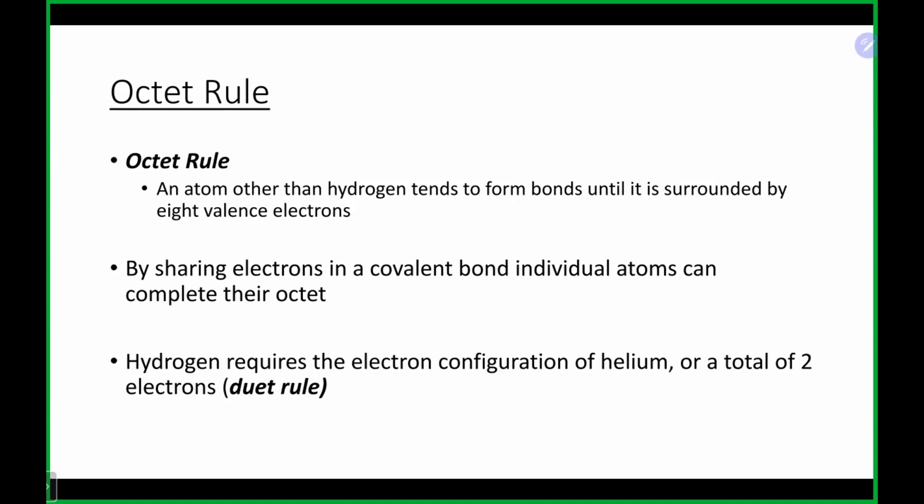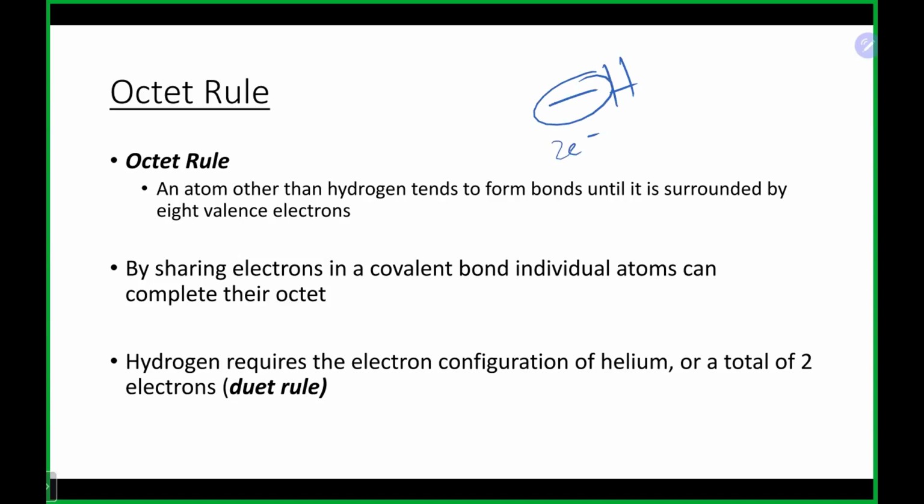Hydrogen only 2. That means hydrogen should never, ever, ever be in the middle of a structure. It basically should look like this: one line to a hydrogen. That one line represents 2 electrons. That's pretty much always what hydrogen should look like. Hydrogen should never have dots around it.